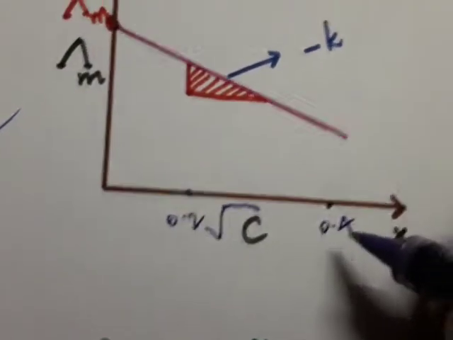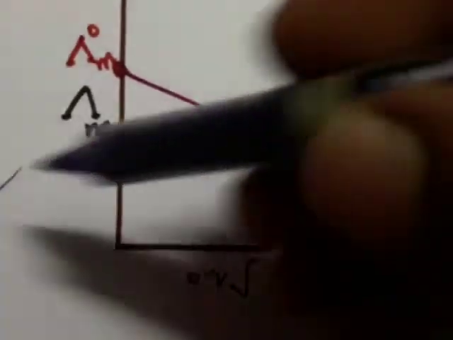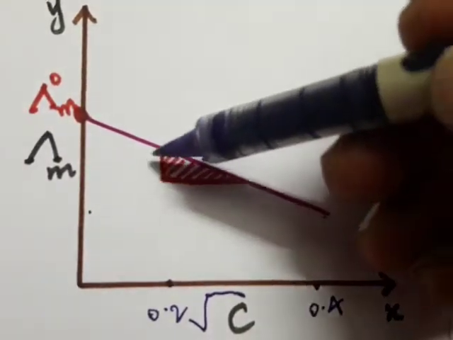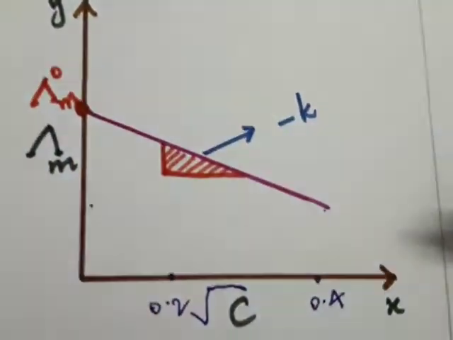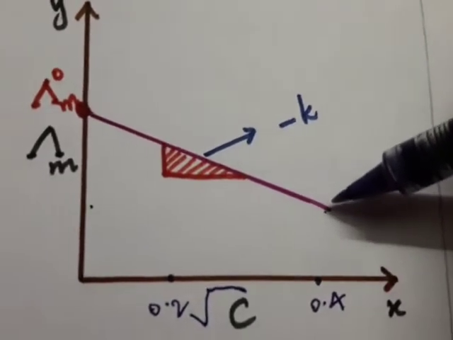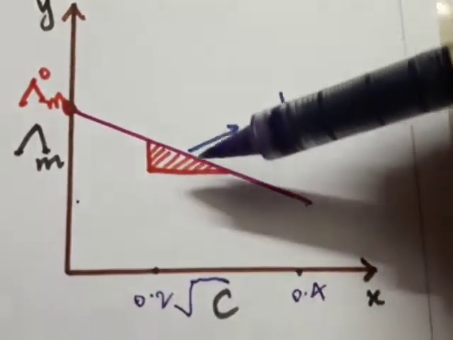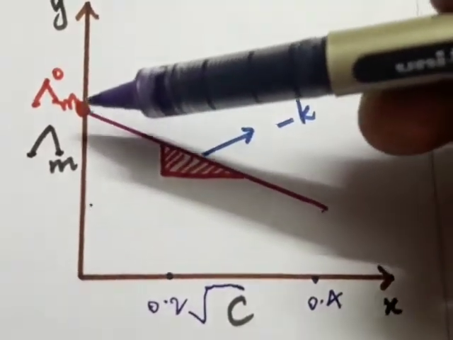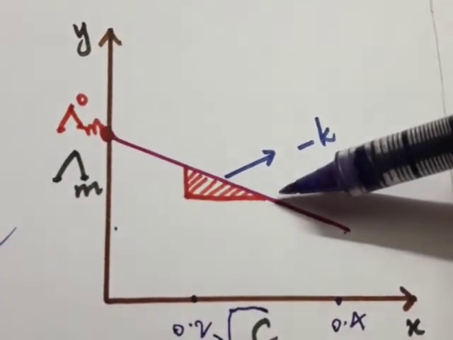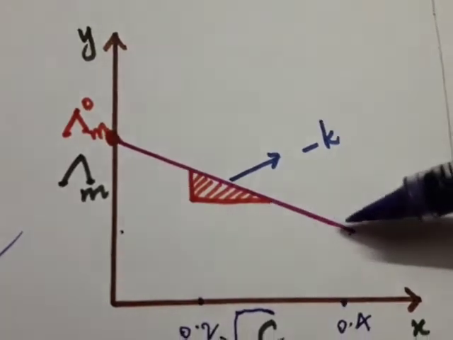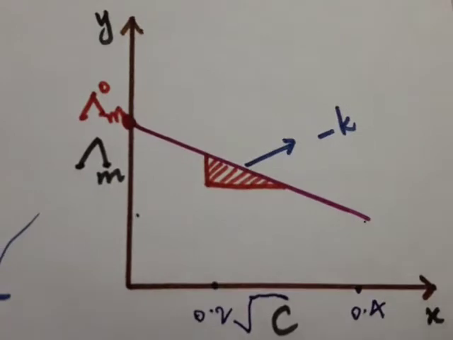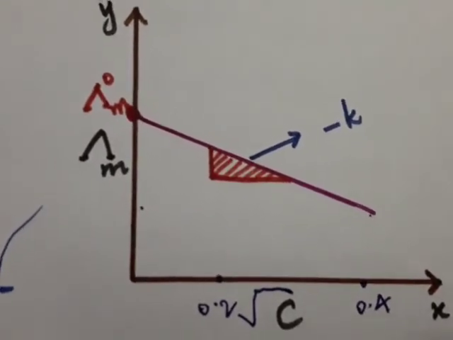If the concentration is high, what will happen? Conductance is very low, right? When we reduce the concentration, the molar conductivity increases. At high concentration, molar conductivity is less. If we reduce the concentration, molar conductivity will increase. Or else we can say, if the dilution increases, which means concentration decreases, molar conductivity also increases, right? This is for strong electrolytes.